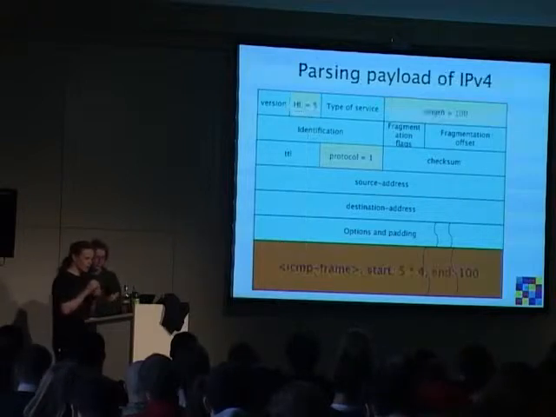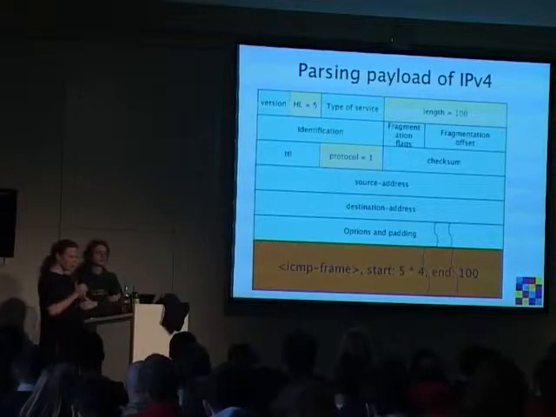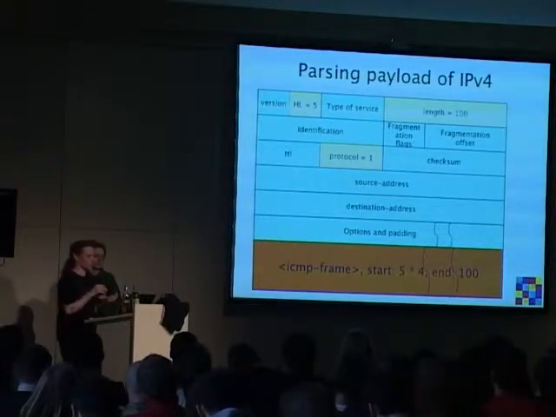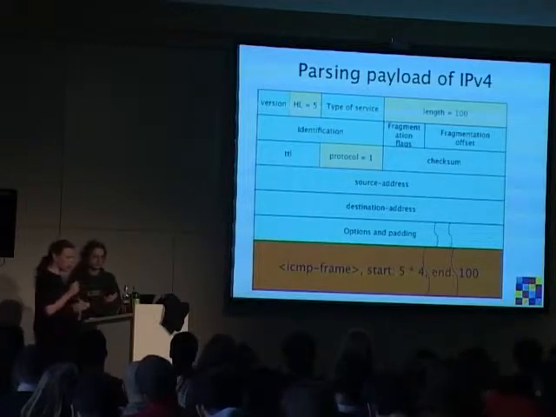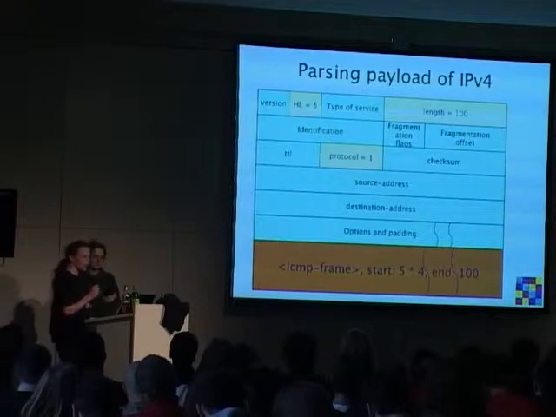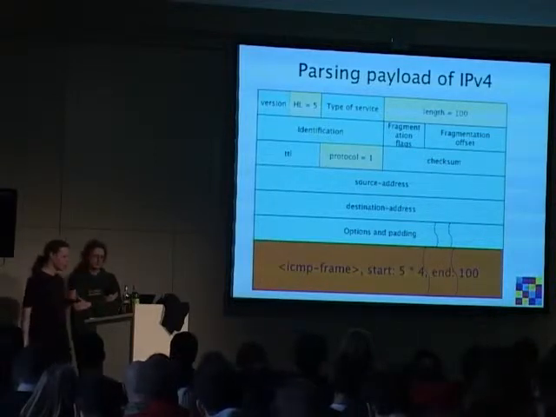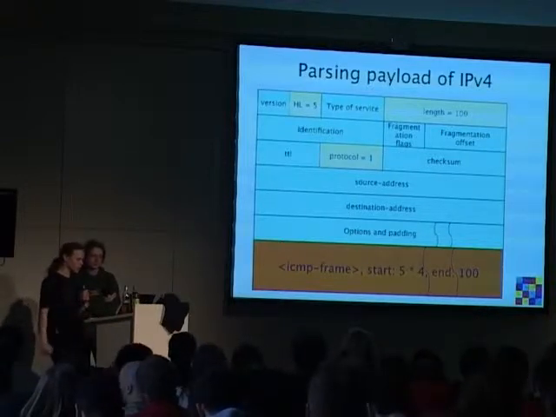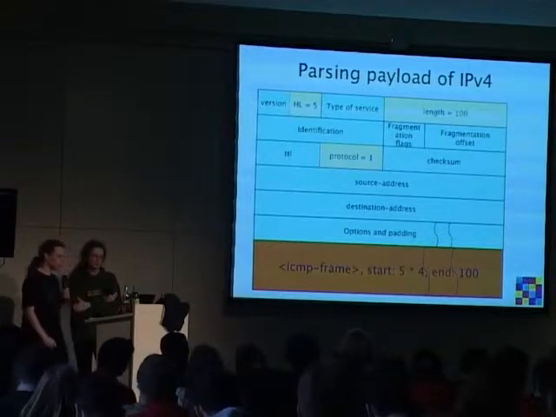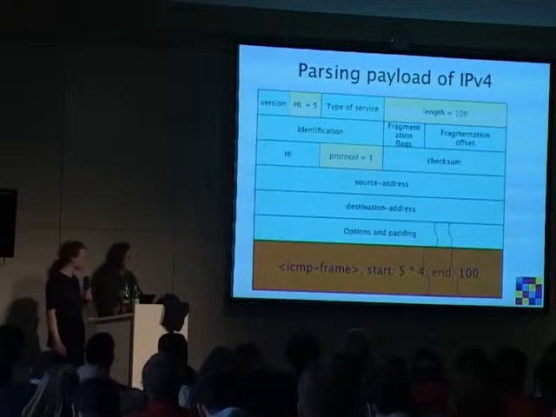So parsing the header length equals 5 and the length 100, then we come up with an ICMP frame which starts at 20 and ends at 100 in the byte vector. So we just generate an ICMP frame and give it a byte vector whose size is 80 and starts at 20 of the original byte vector.